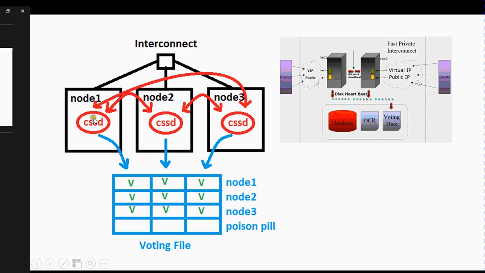Each of these nodes has two blocks, as I mentioned before, the kill block and the pool block in the voting disk. And at any point in time they should be able to access at least half the voting disk. I'm going to cover that later on in another slide.